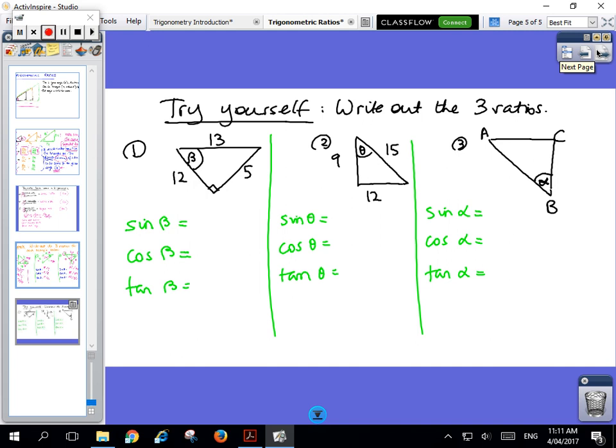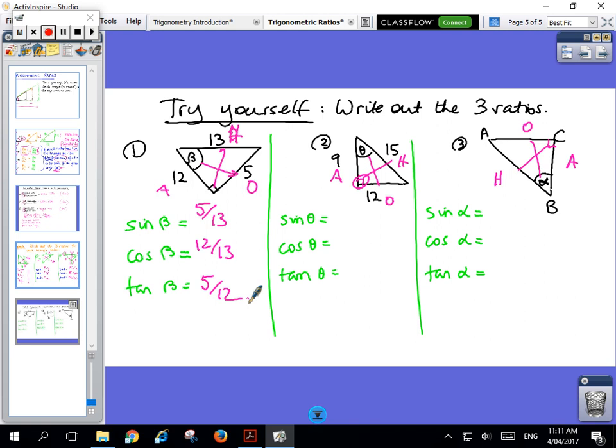Okay, you might be back. So hypotenuse, opposite, adjacent. Oh, forgot to put the right angle in. Hypotenuse, opposite, adjacent. Forgot to put the right angle in again. Hypotenuse, opposite, adjacent. So sine is 5/13, cos is 12/13, tan is 5/12.